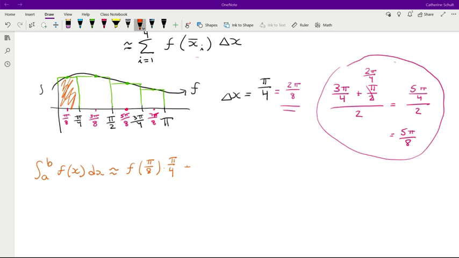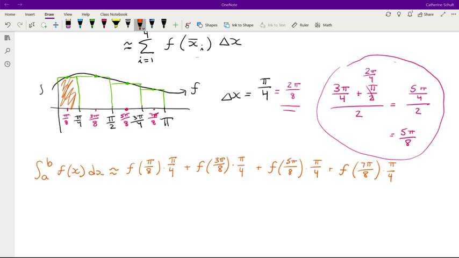And then to add the second area, it's the height at 3 pi over 8 times the base of the rectangle, which is pi over 4. And we do it for the third. And the fourth. Okay, so that is our midpoint formula.